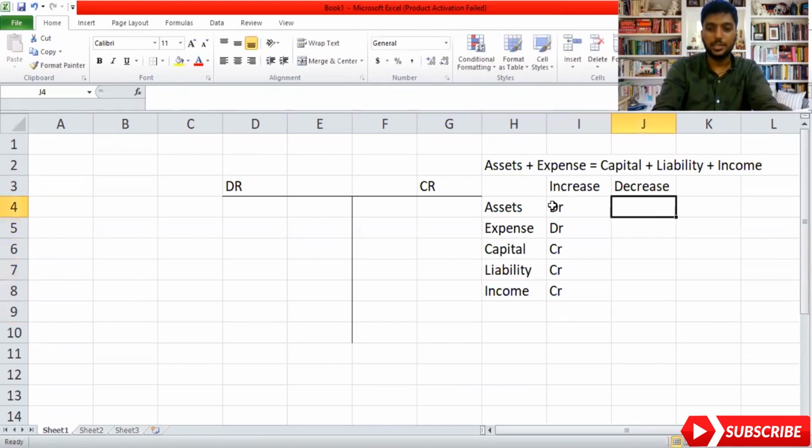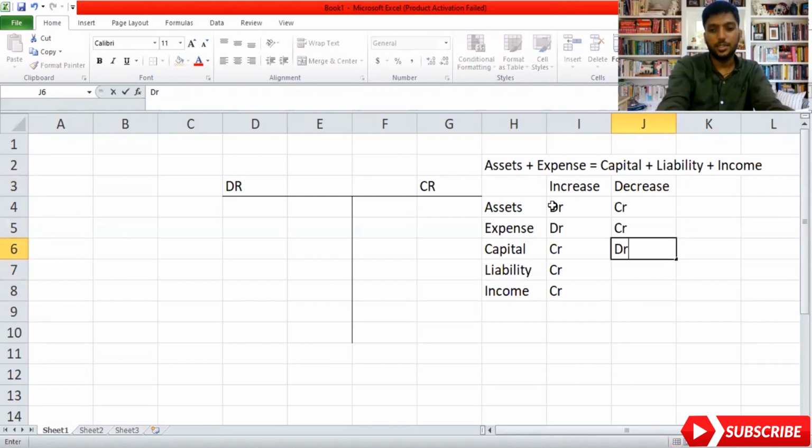When asset decreases, it is going to be the opposite because it's double entry. When one increases, the other side should decrease. Decrease means it's credit. So in capital, liability, and income, decrease means it should be debit. That's what you need to remember when it comes to capital, liability, and income.